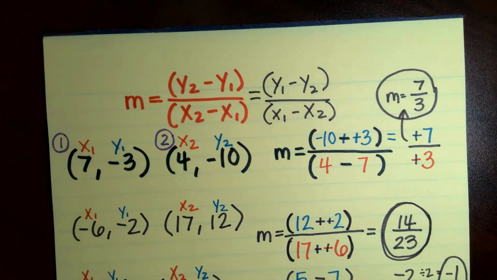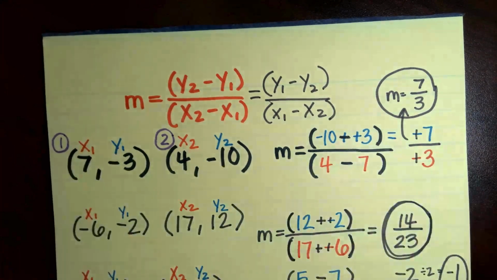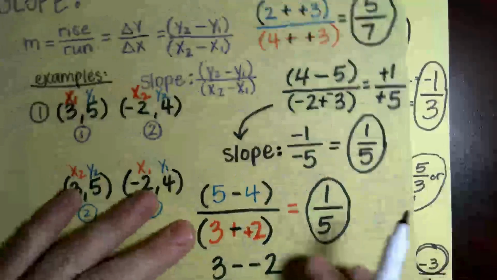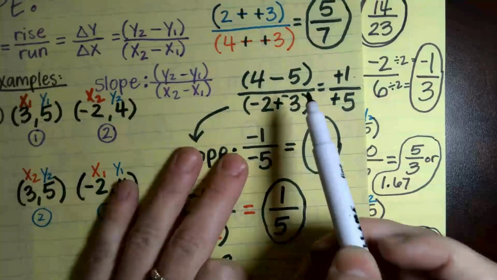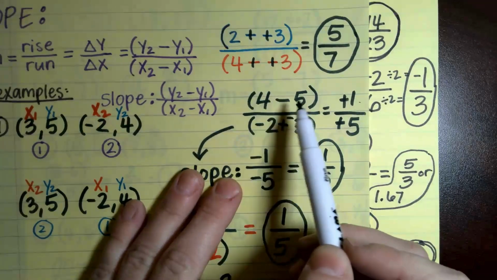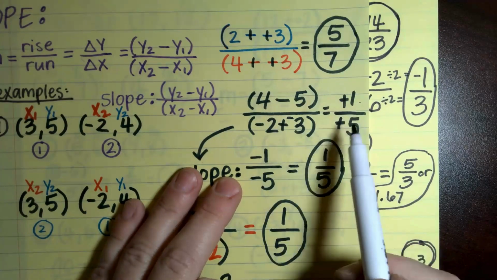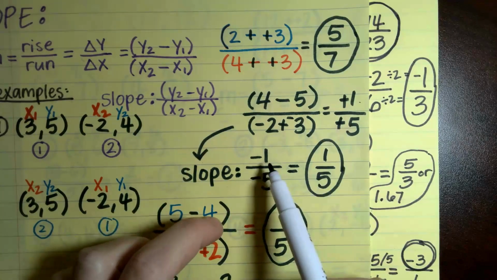The only difference in your answer might be like in this other example we did today, where when we did this coordinate first, we got -1 over -5, like this.